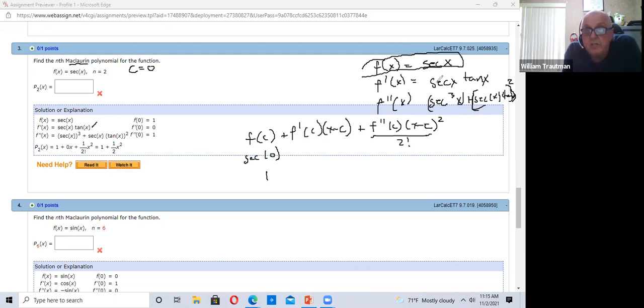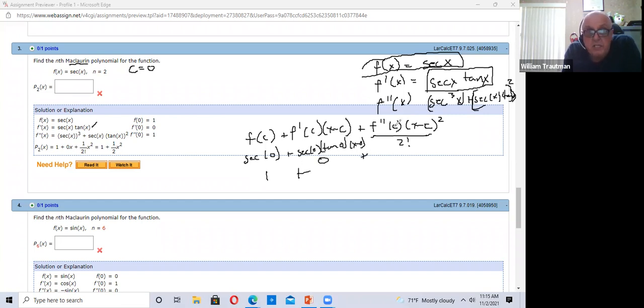Then if you take the first derivative, secant x tangent x, and plug 0 into that, secant 0, tangent 0. If you notice, one of these two is going to be 0. So the whole thing is 0, plus x minus 0. But one of these is 0, so the whole thing becomes 0.